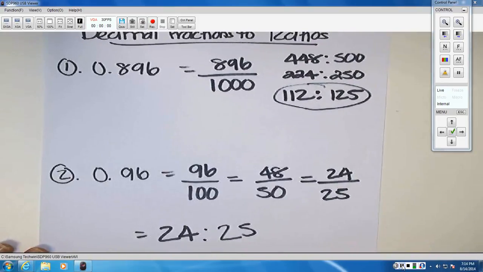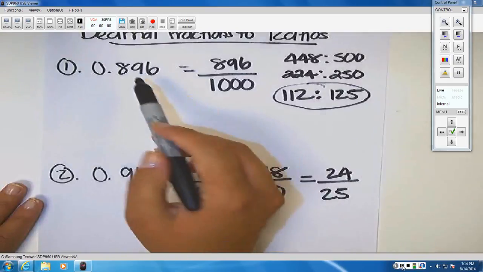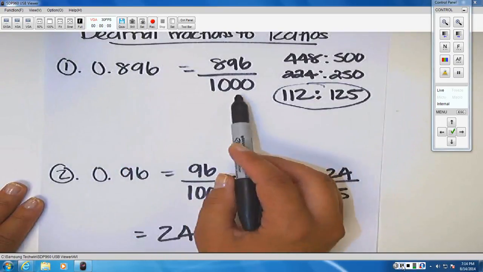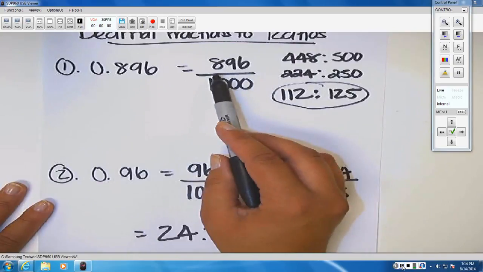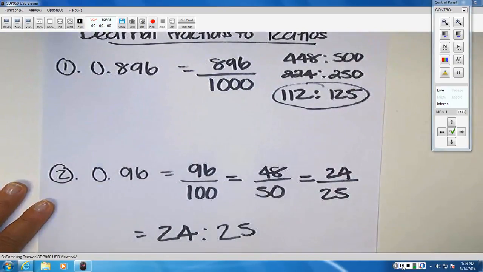So both of these were pretty simple ones. We just took our simple decimal and we turned it into a fraction. We determined what place our decimal point was in. This one was in the thousandths place, so we took 896 and put it over 1,000. Then we reduced it, however you want to reduce it.